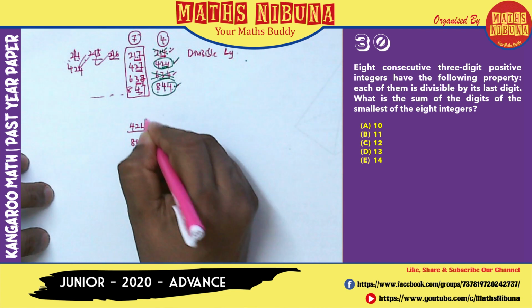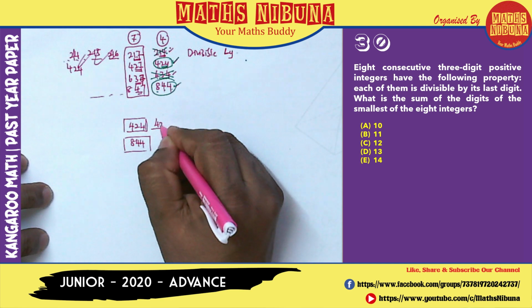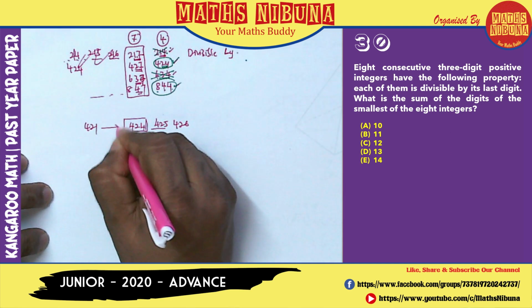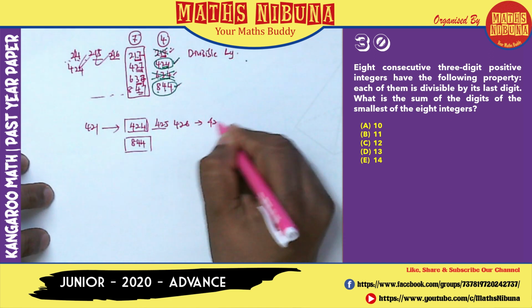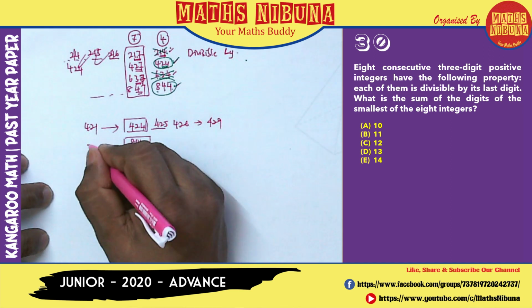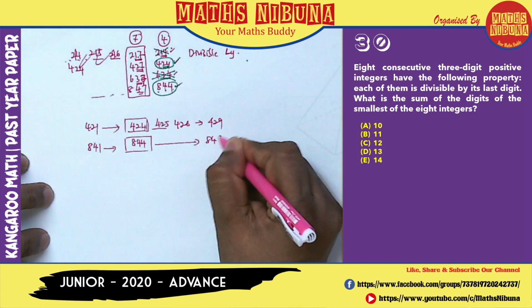Okay, 424, 425, 426, maybe start from 421 until 429. And this one, 841 until 849.